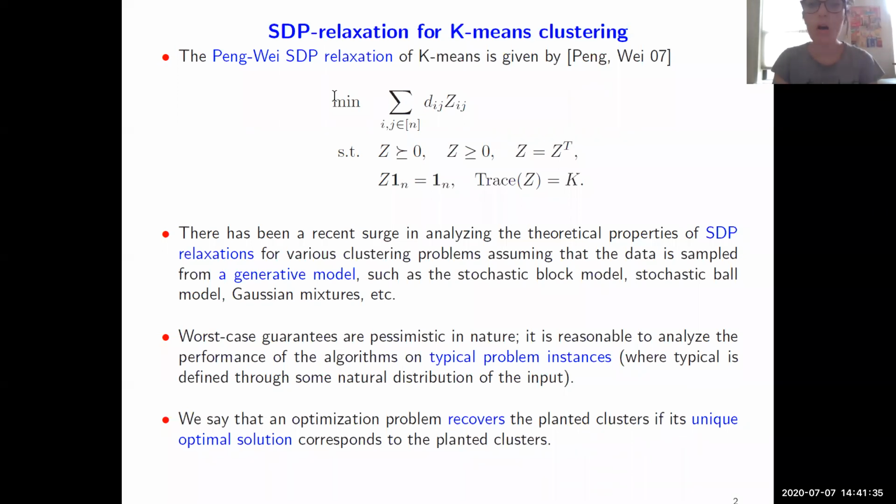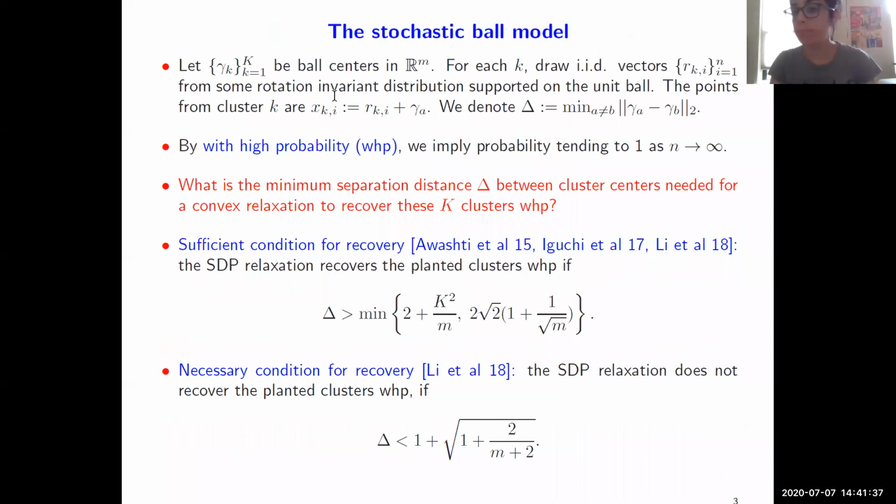All right. So actually the first question would be, what kind of random model would you assume? That would very much depend on the optimization problem you are looking at. So here we are looking at K-means clustering. There are a bunch of random models. Perhaps the most popular one is called the stochastic ball model.